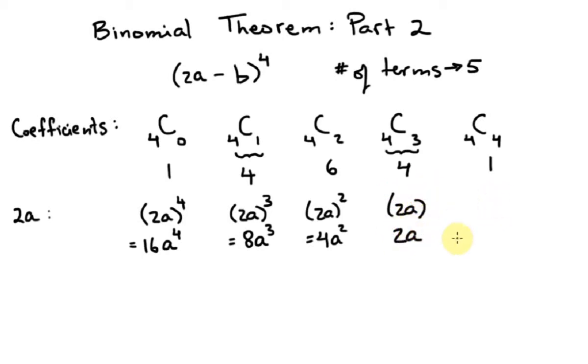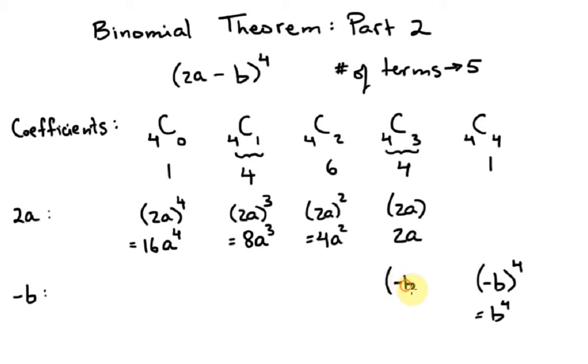And then it disappears. Next thing I've got to do is the negative b. You notice this time it is treated as a negative, because it's minus b in my binomial. Now, it won't be in the first term. Actually, maybe I'll start at the end here, it's probably easier. Remember, it's negative b. So negative b to the 4 turns into positive b to the 4, so the negative kind of disappears on that one.